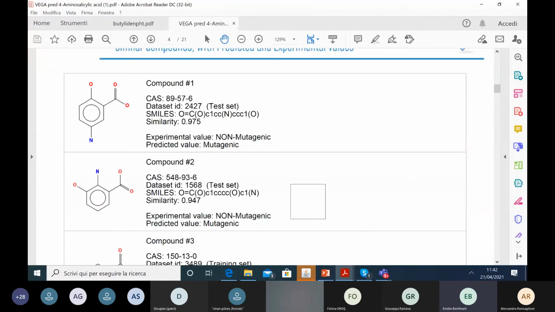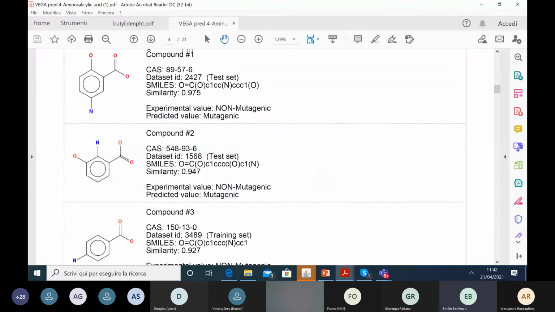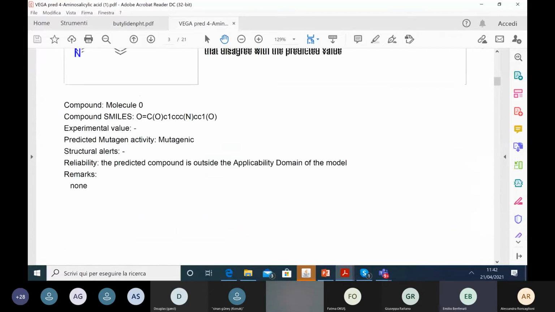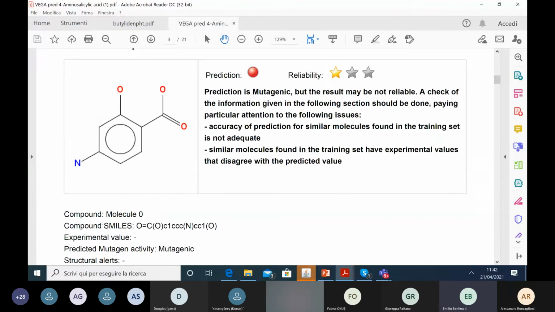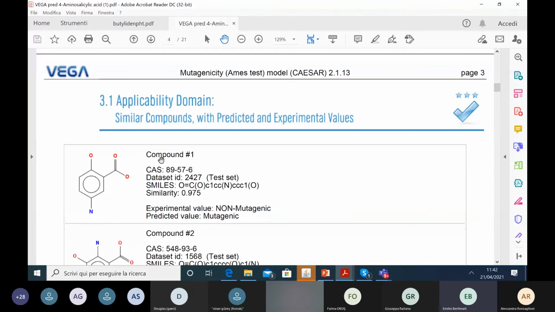And they are non-mutagenic. You may say, okay, but here I have amino in a different position. For instance, the amino is in para compared to the carboxy, while here the amino is in meta.